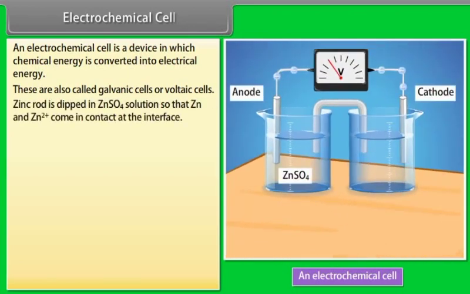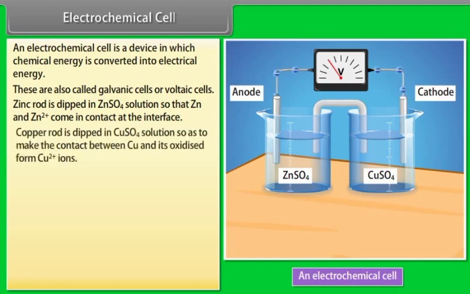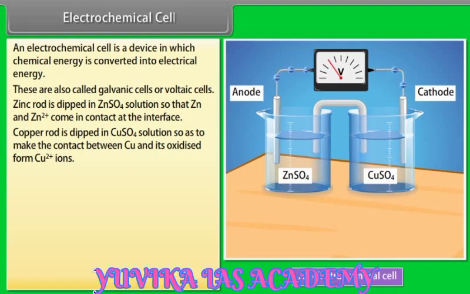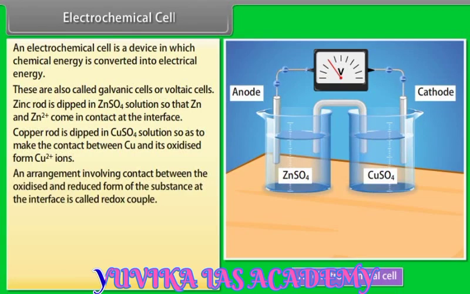Zinc rod is dipped in ZnSO4 solution so that Zn and Zn2+ come in contact at the interface. Copper rod is dipped in CuSO4 solution so as to make contact between Cu and its oxidized form Cu2+ ions. An arrangement involving contact between the oxidized and reduced form of the substance at the interface is called a redox couple.